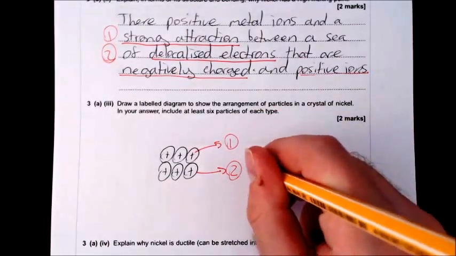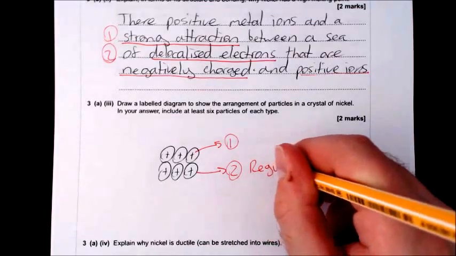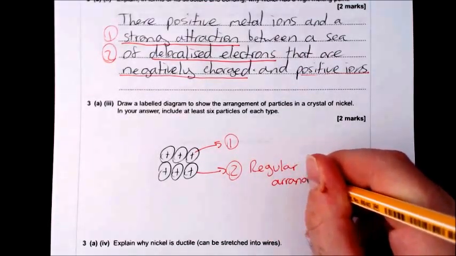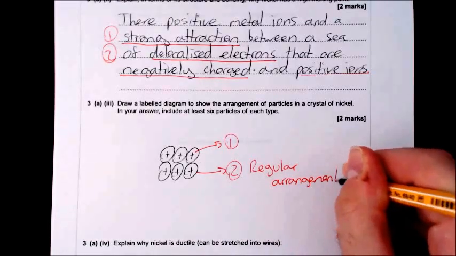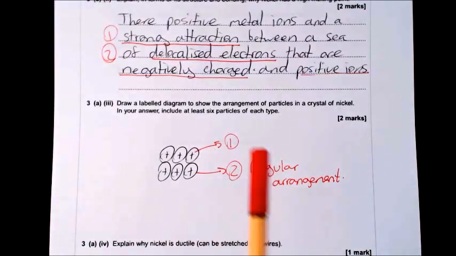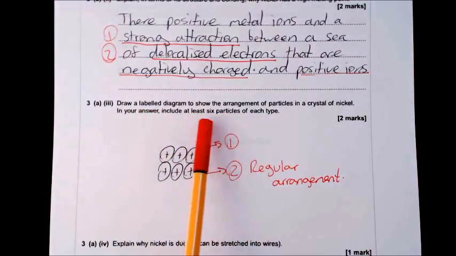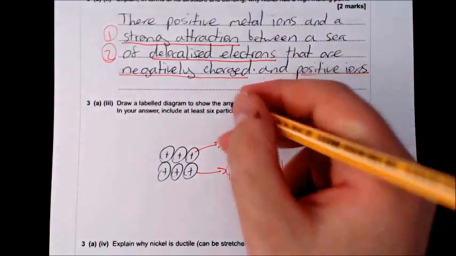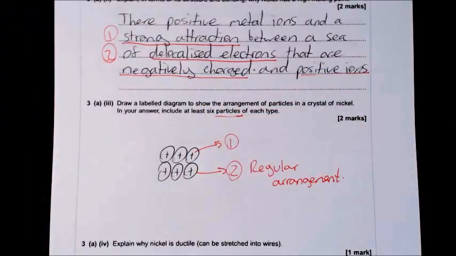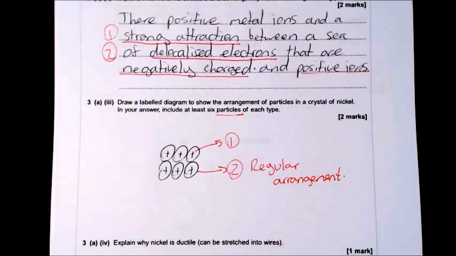So these are in what we call a regular arrangement, and that's really, really important. Okay, so there's regular arrangement where they're in rows, and that's really crucial. You don't need to bother with the electrons here because it did only say that we need to draw 6 particles, and no, not worried about the electrons. You won't lose marks if you put the electrons in, but we don't need to put them in.